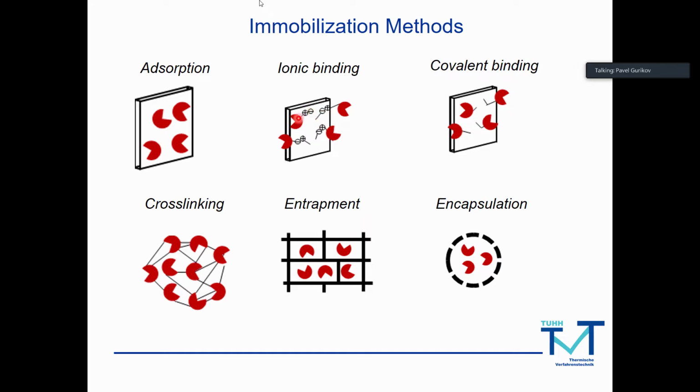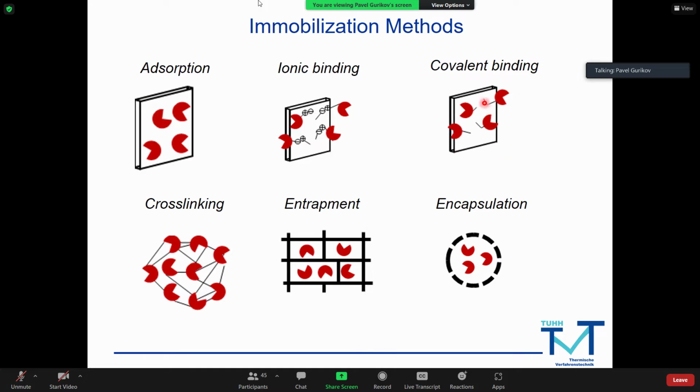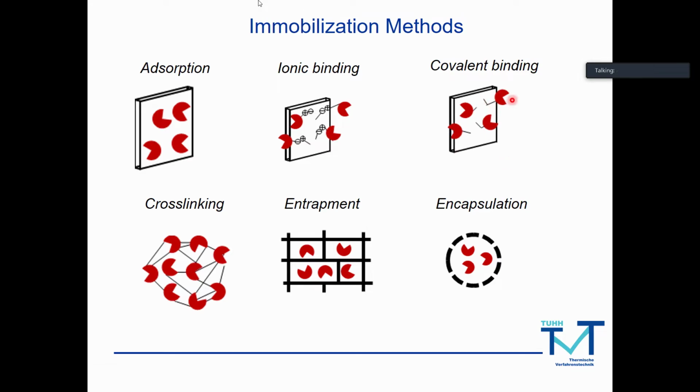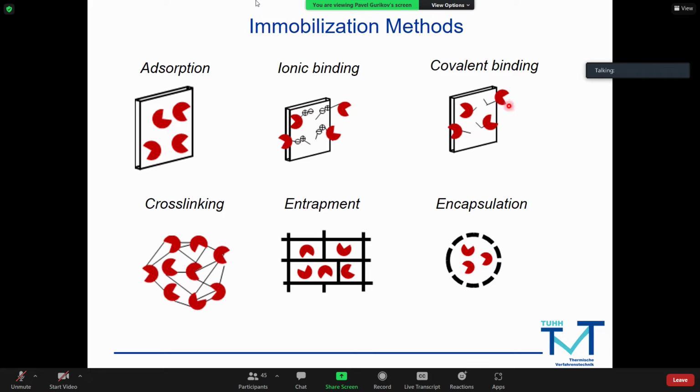So these cations link the enzyme to the negatively charged surface. Being washed away, this plus is no longer capable of holding the enzyme, so the enzyme will be washed away as well. So a good option is covalent binding. The issue is when you do chemistry on the enzyme, you often lose activity.